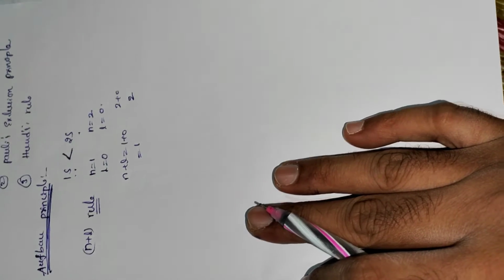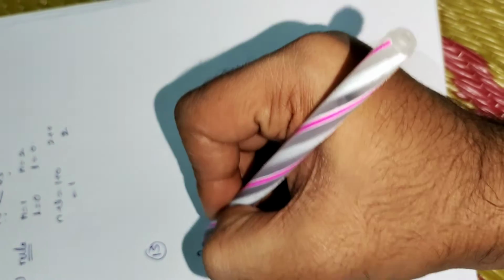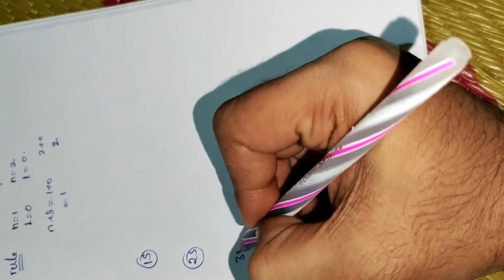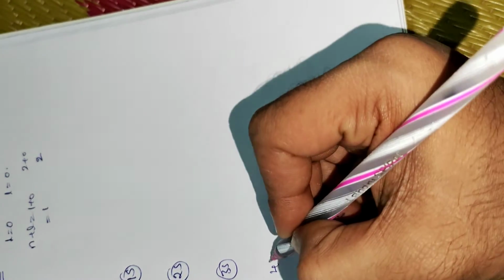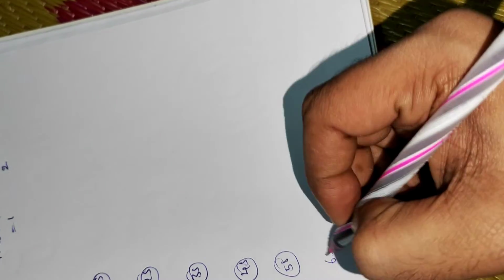Here the scientist Moeller gave a diagram for how to write the electronic configuration of an element. First 1s, 2s, 3s, 4s, 5s, 6s, 7s.